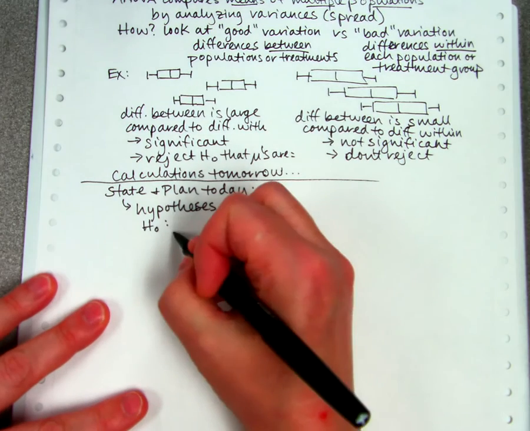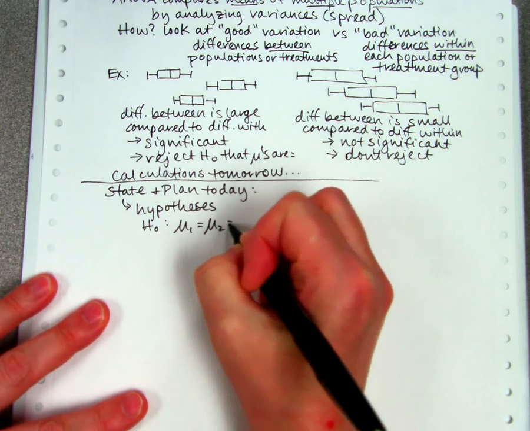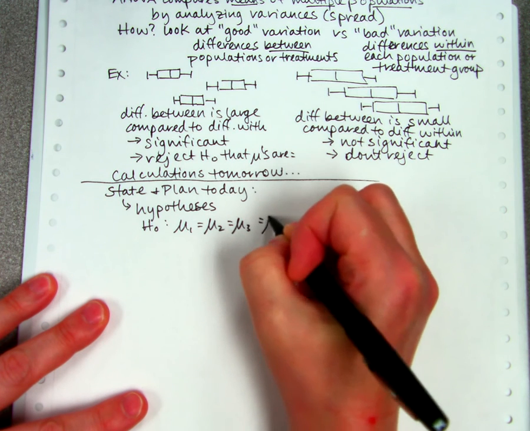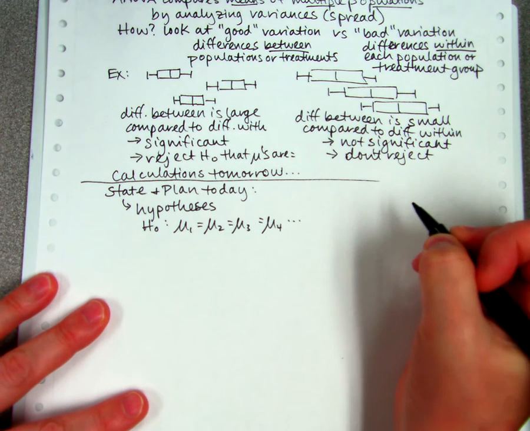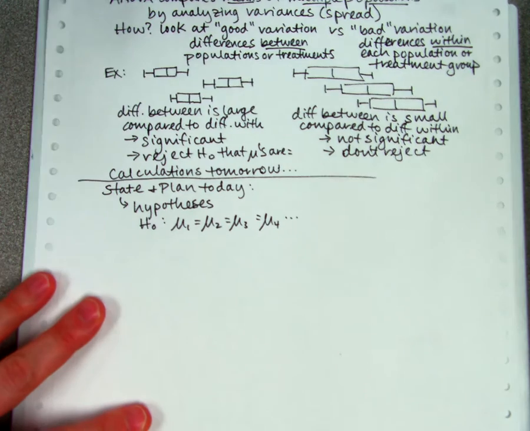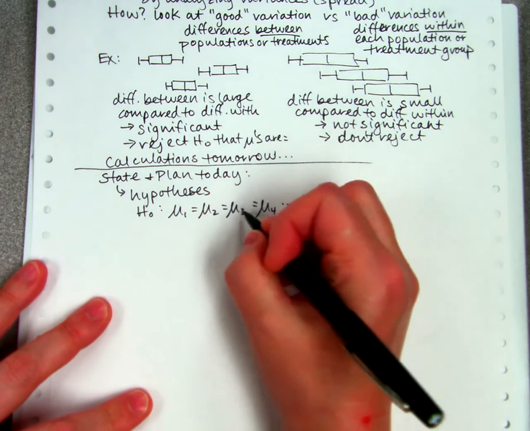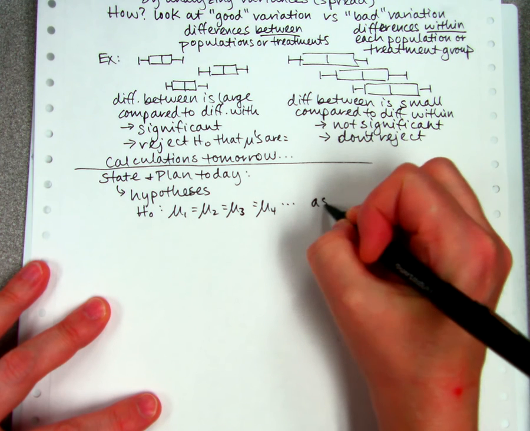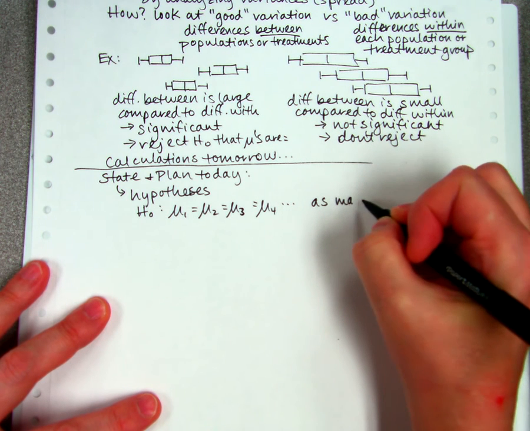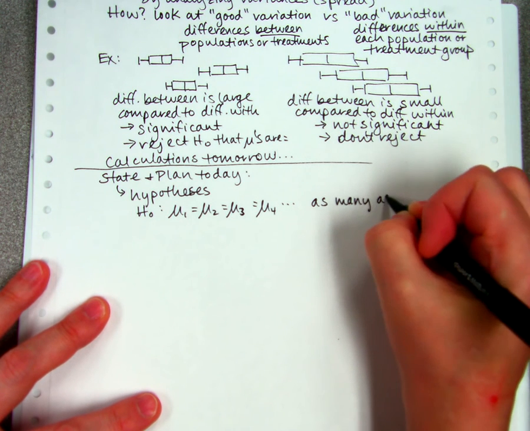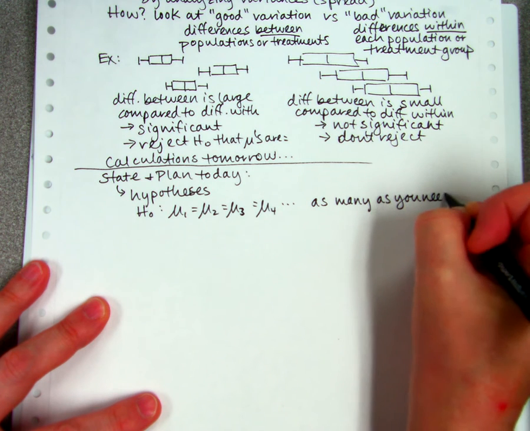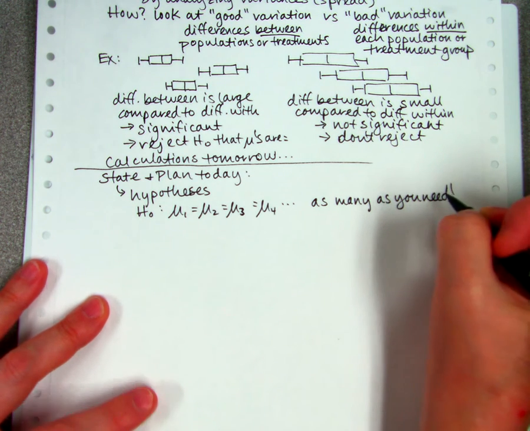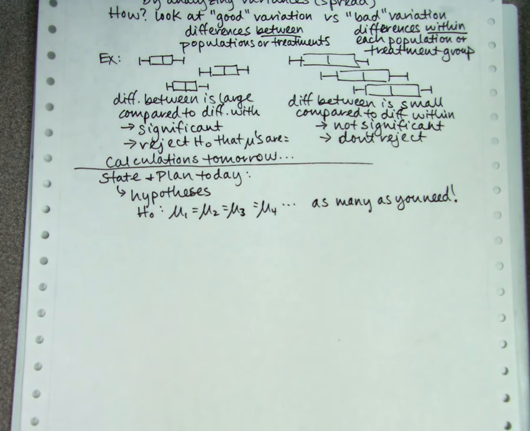So we're going to do mu1 equals mu2 equals mu3 equals, how many do you want? I've seen ones with 7 or 8 of these, and I've seen others with only 3. So you can have as many of these as you need for your situation, as many as you want. So just like with chi-square, we're breaking free of the restriction of having to have only 2 populations, and now we can have lots of them, and that's fun.